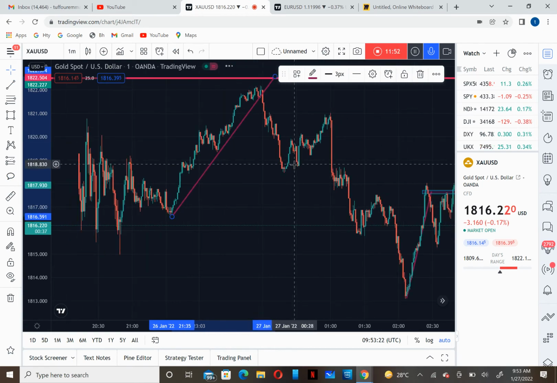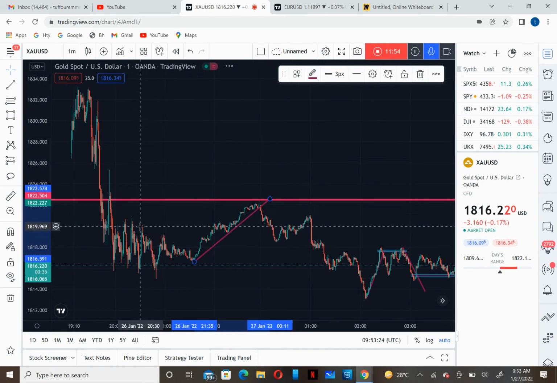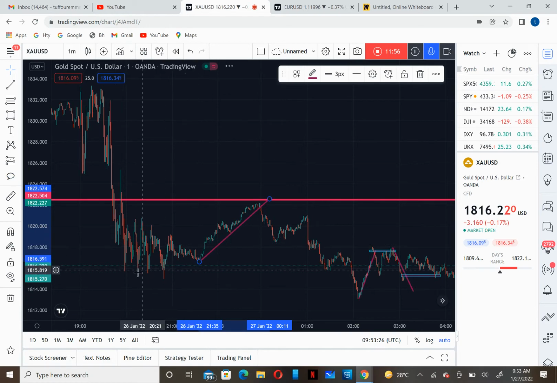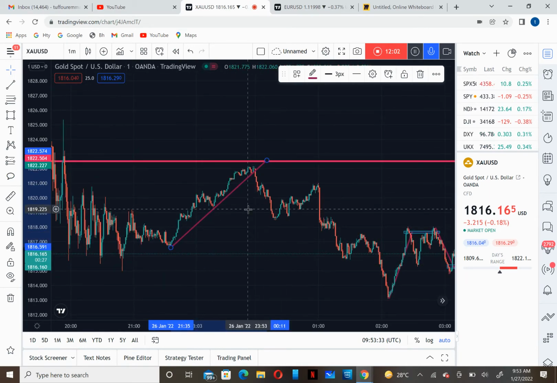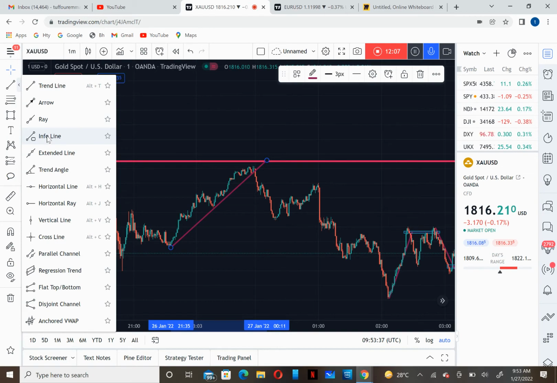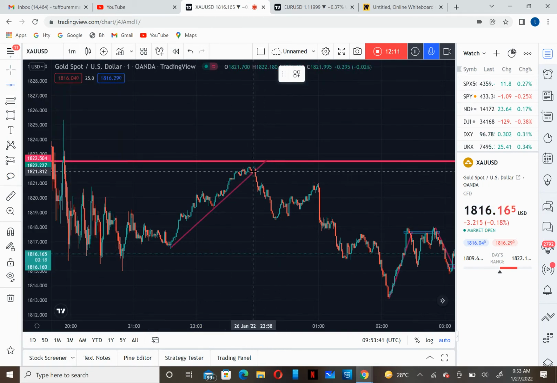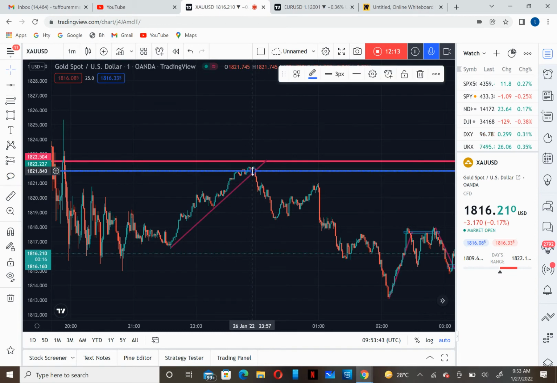Okay, let me zoom in well. So these are our points. Let me put a breaking line there, the horizontal line, so that you will see it for yourself.